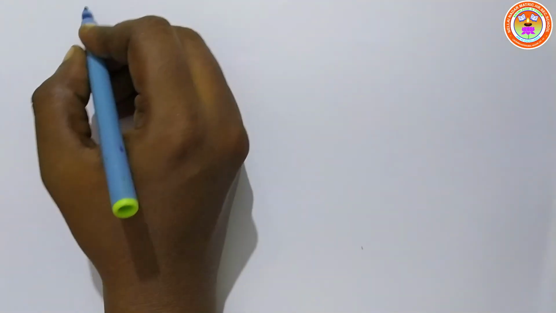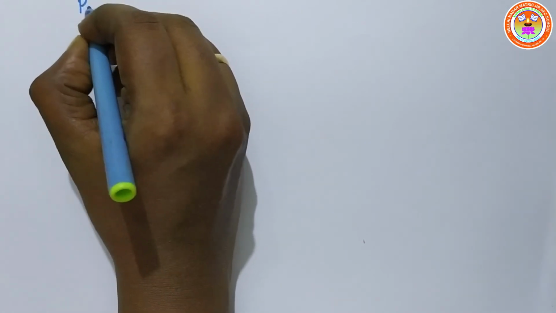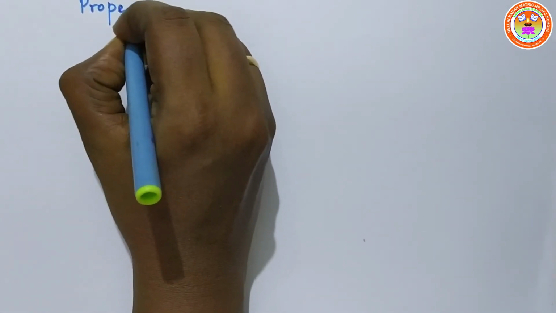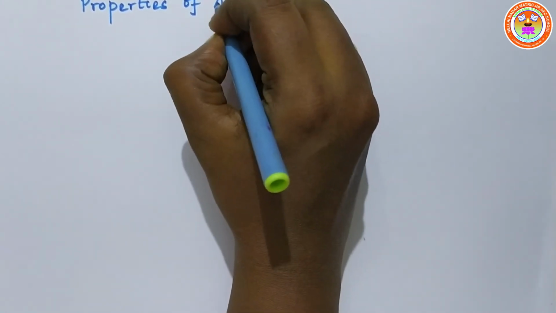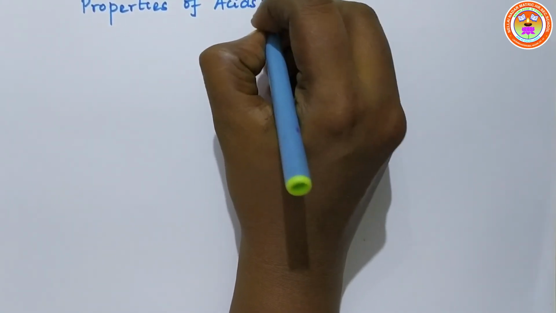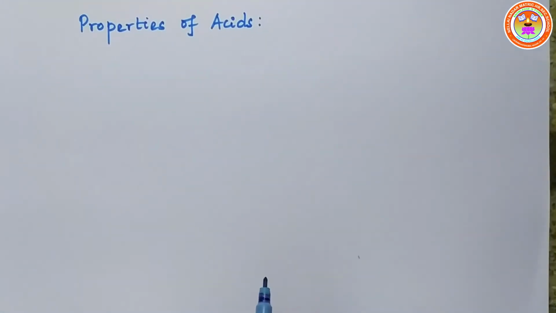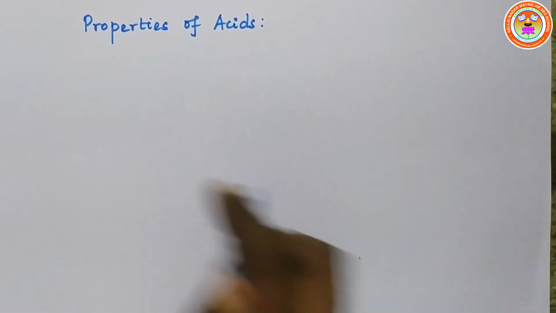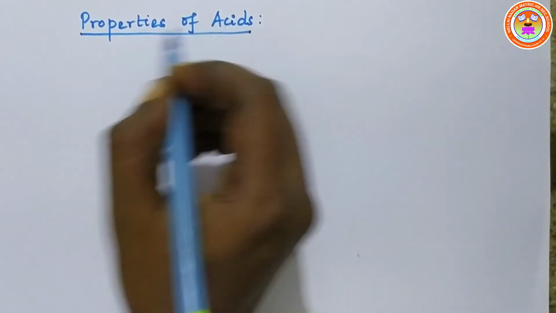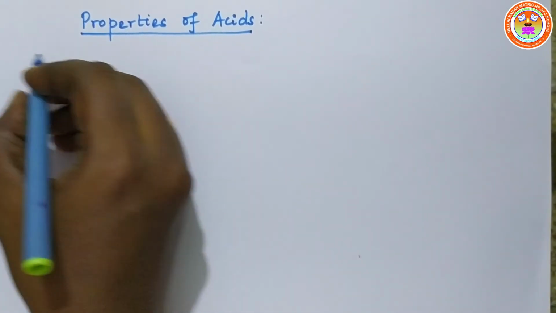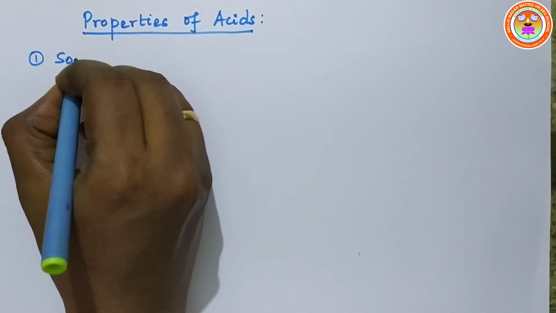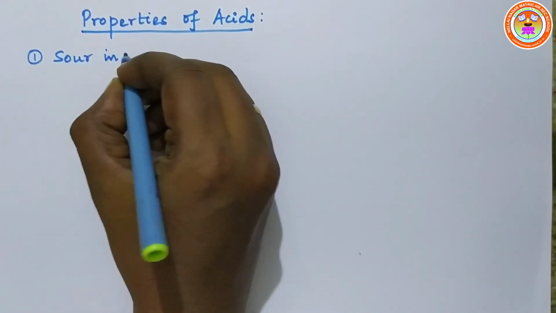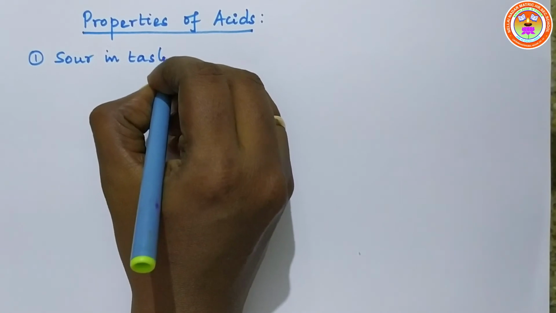Now let me write the heading first: properties of acids. The first property is that an acid is sour in taste.